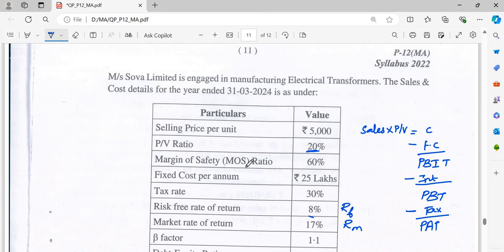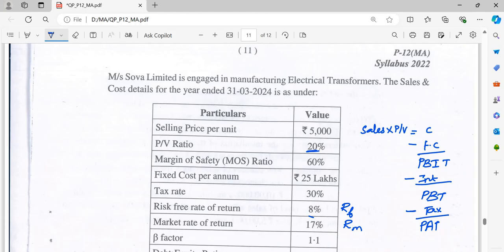So we have margin of safety. So for margin of safety we require actual sales minus break even sales. So we need break even sales. So let's try to calculate break even sales. I can calculate in rupees as well, or even I can calculate in units, whatever the way I can calculate.